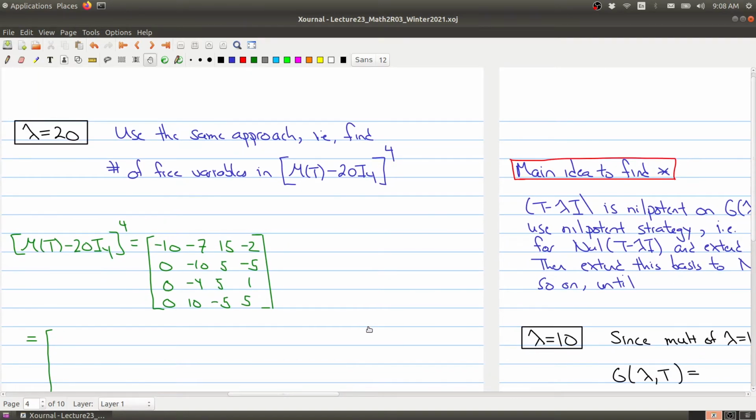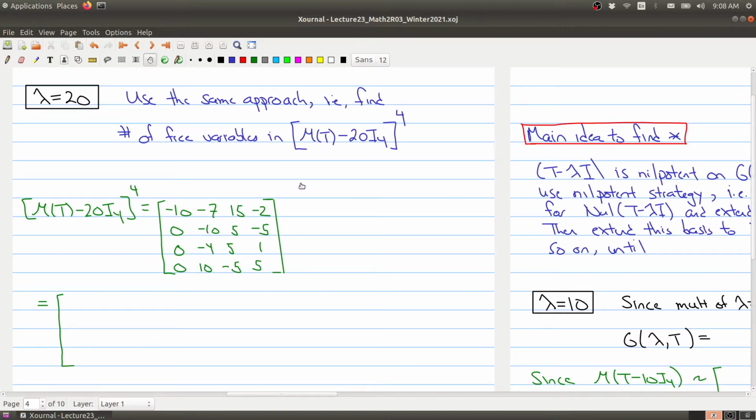For the other eigenvalue, we need to find the number of free variables in the matrix of the linear transformation minus 20 times the identity, raised to the 4th power. Here's the matrix we get by subtracting 20 from the diagonal of the original matrix, and I raise it to the 4th power. Again, I have a trusty computer; I used Octave to do this for me.